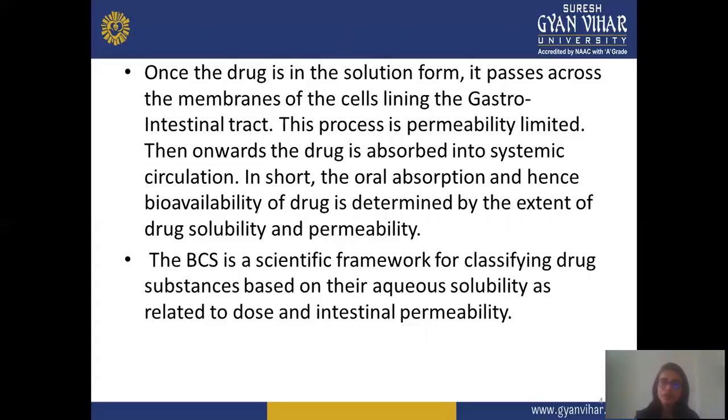The drug may cross the membrane easily, but there may be chances that it does not show good permeability. If it is easily solubilized, it may still show a permeability problem. So you check both permeability and solubility, and whether both parameters are fine. If it has high permeability but low solubility, you check both parameters.